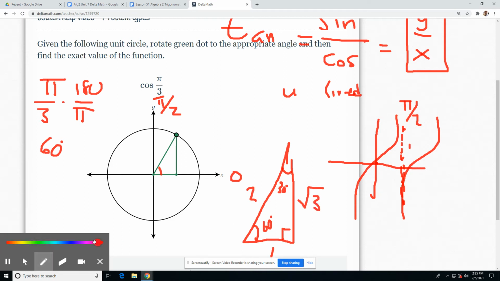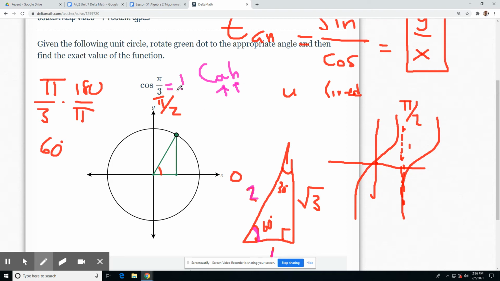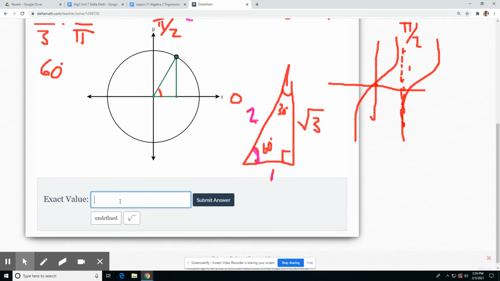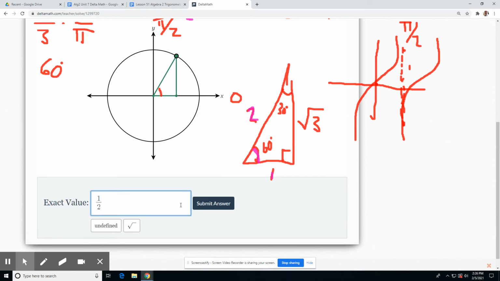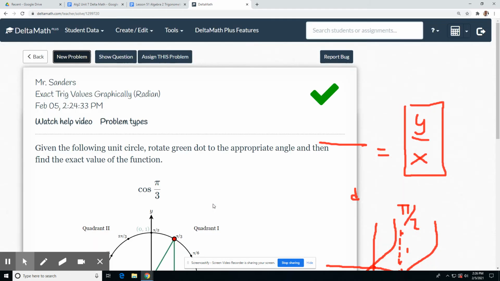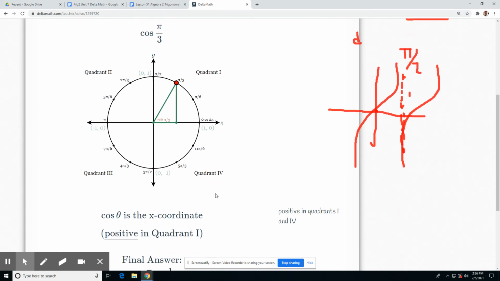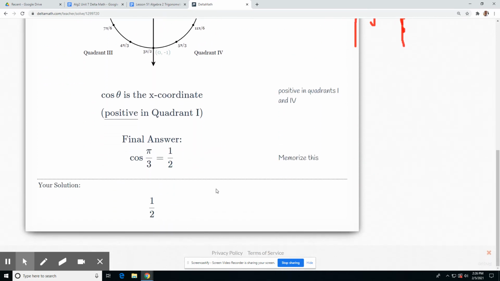And we're looking at 60 degrees, cosine of 60, adjacent over hypotenuse. Adjacent is 1 over hypotenuse 2. So I got 1 over 2. So you draw the reference angle and then compare it in this case to the special right triangle. Yep.